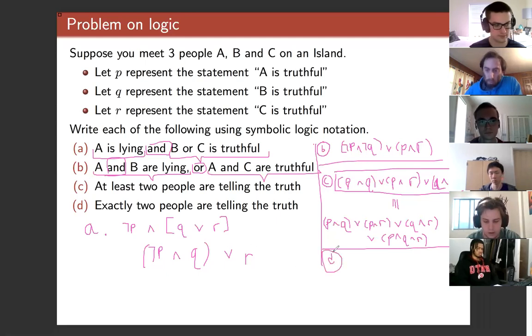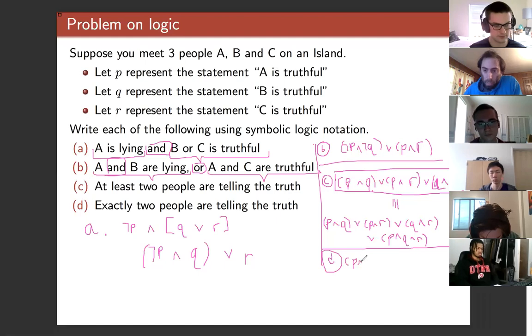So in this statement, it could be that A is telling the truth and B is telling the truth, but C is not telling the truth. That would represent exactly two. So let's write that out.